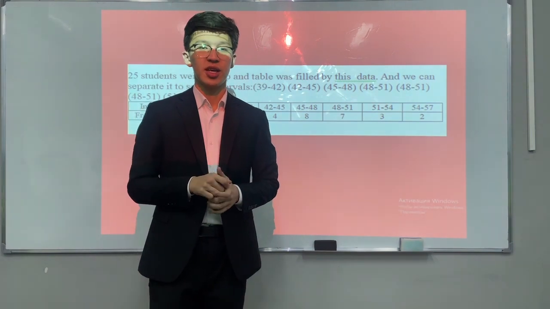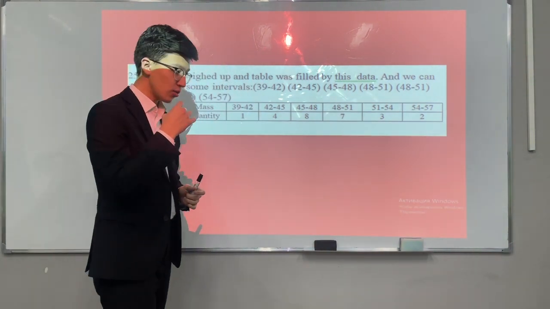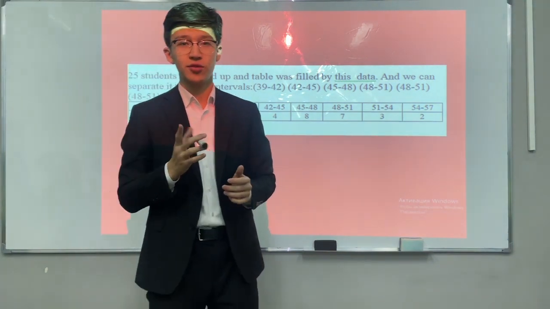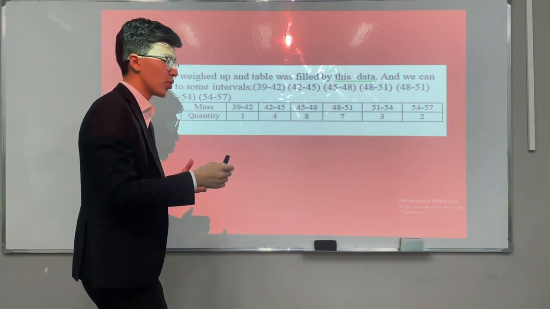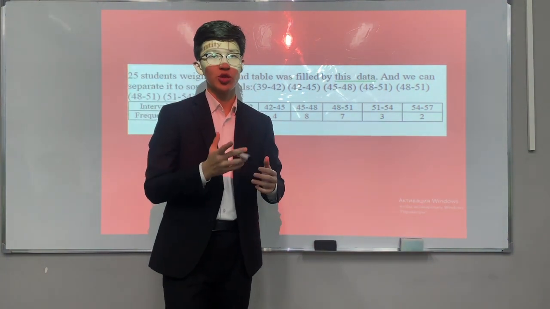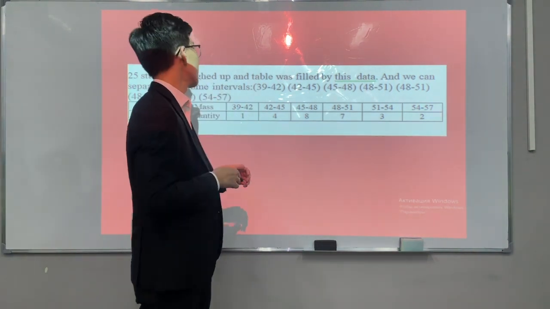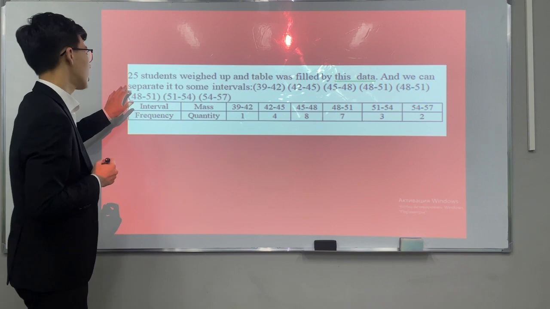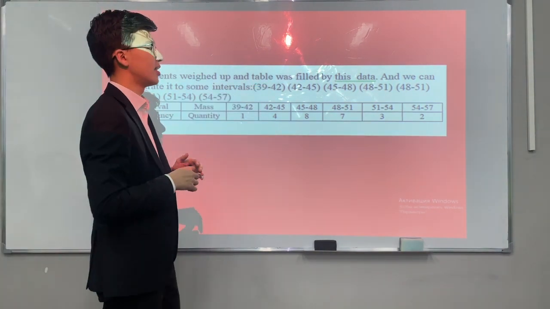Let's begin. Before learning the new topic, you have to know how to analyze, write, and read the set of data which we have. For example, let's consider this one. As you can see, 25 students were weighed, and the table was filled with this data.